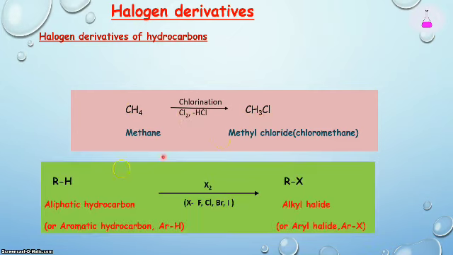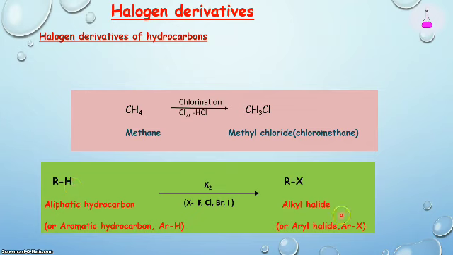The general representation of this reaction is: here is an aliphatic hydrocarbon, represented by RH. On halogenation, it forms RX, that is alkyl halide, in which hydrogen of the aliphatic hydrocarbon is replaced by halogen.